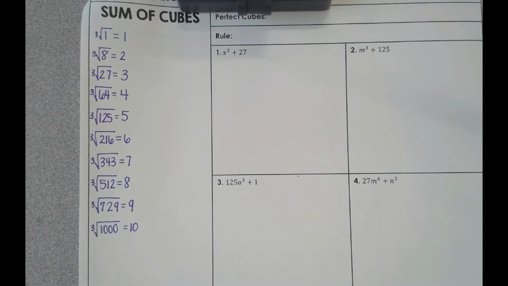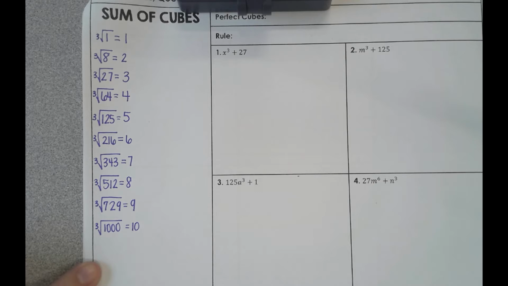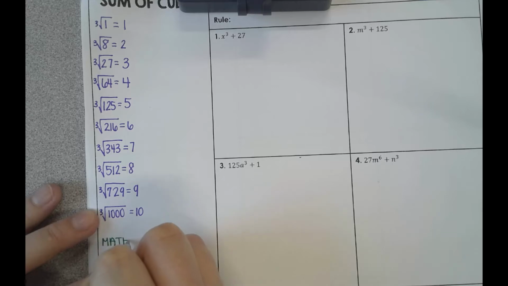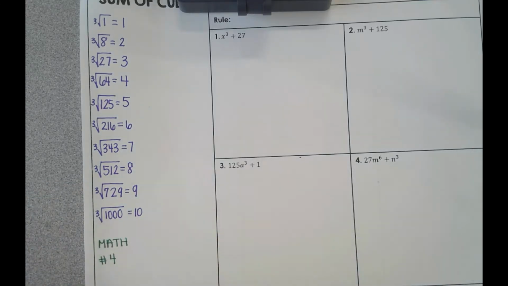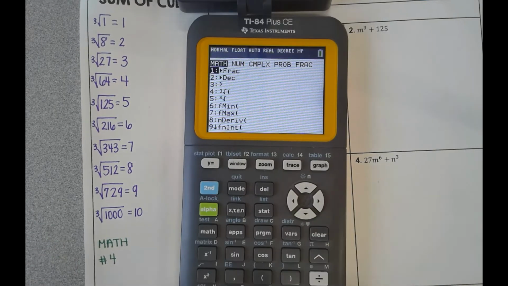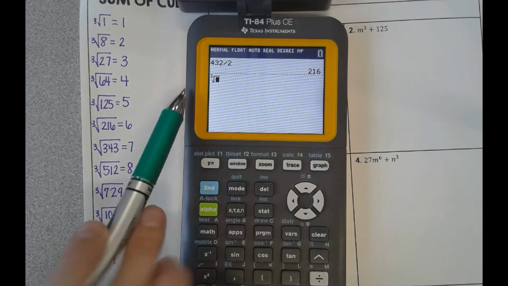We could keep going on and on, but that's probably good. If for some reason you get a number that's not on this list, on your calculator, if you click the math button and then go down to number 4, you can do the cubed root.